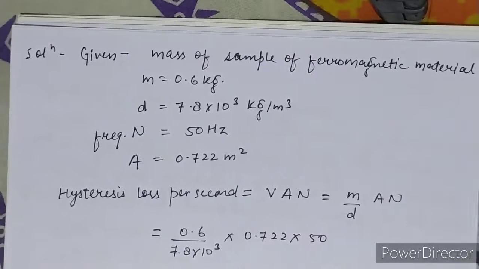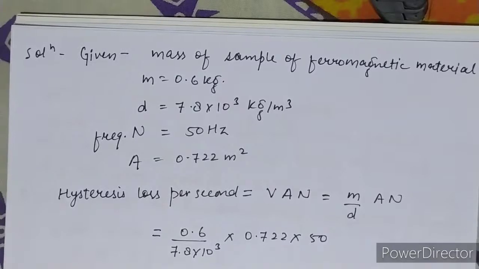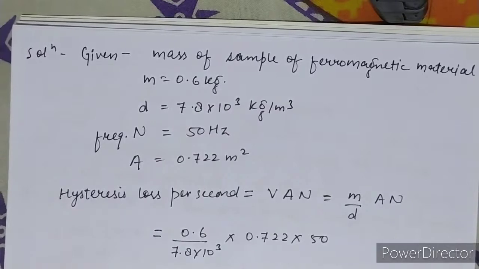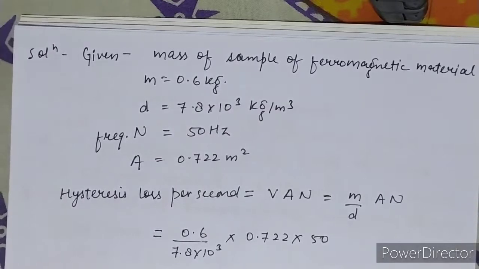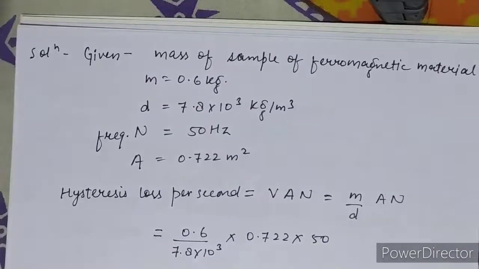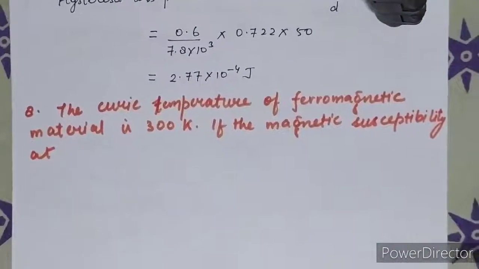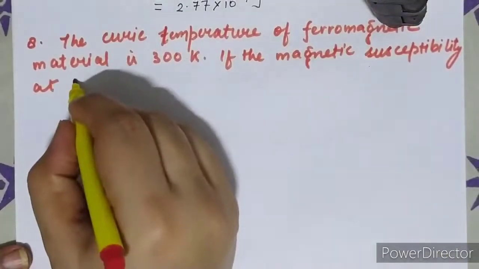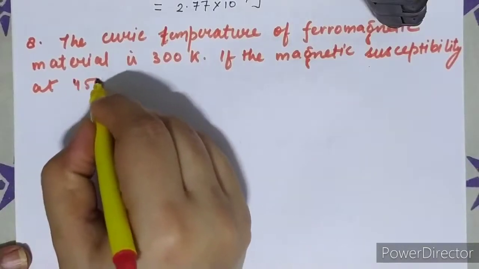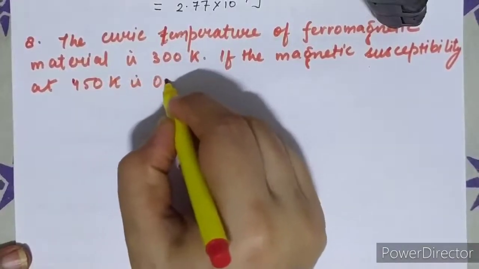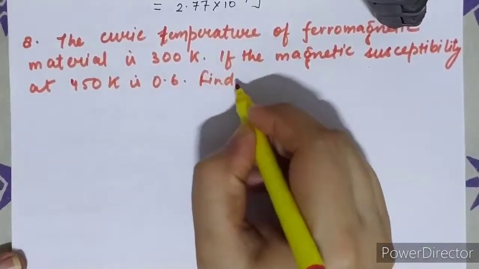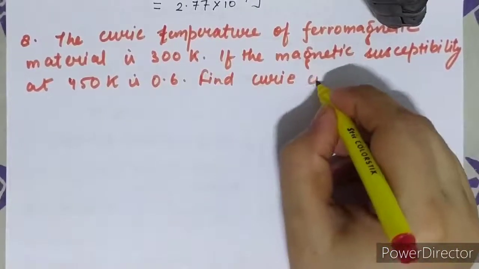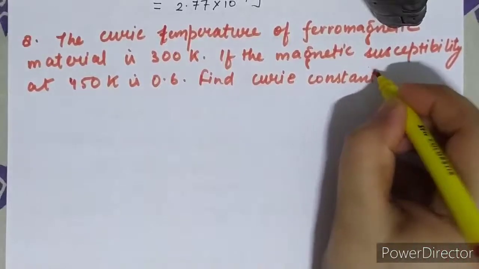If the magnetic susceptibility at 450 Kelvin is 0.6, find the Curie constant for it.